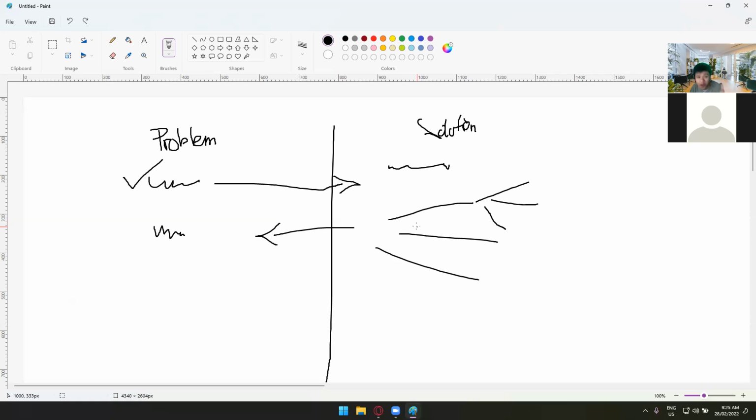The longer the solution or the more the solutions, the more complex it is, so it's more difficult to solve that problem. So we have to think wisely in creating our solution for that specific problem.